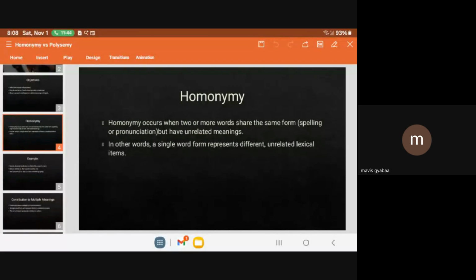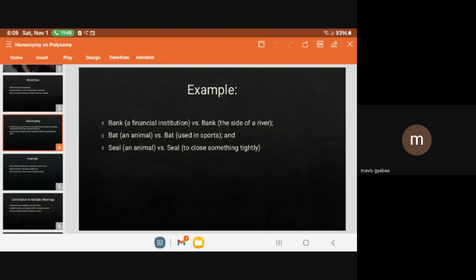Let's look at examples that would help clarify this meaning. For example, we have bank. I think I'm using a similar example as Robert used in his presentation. We have bank as a financial institution, as against bank which has to do with the side of a river. Then we also have bat.